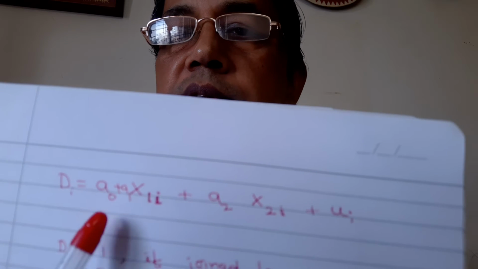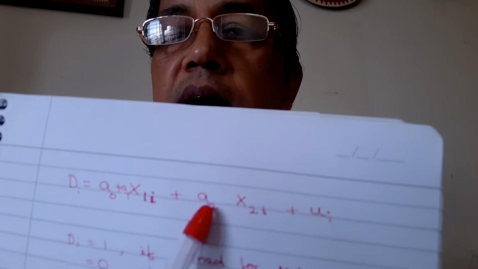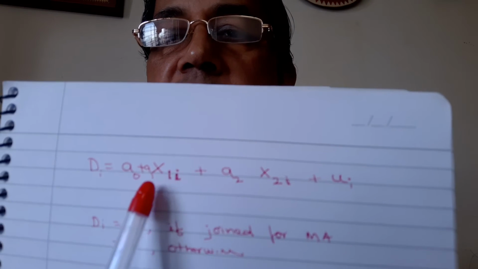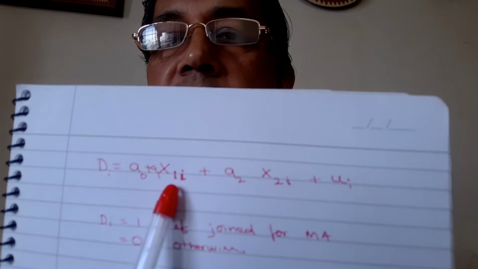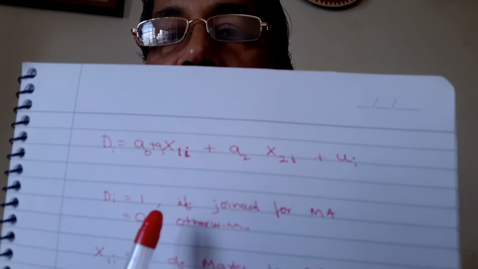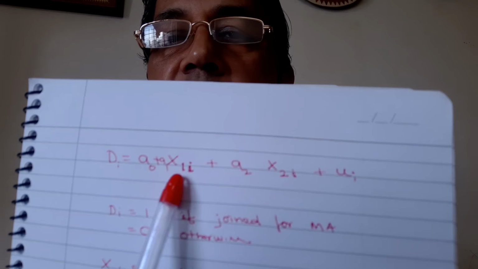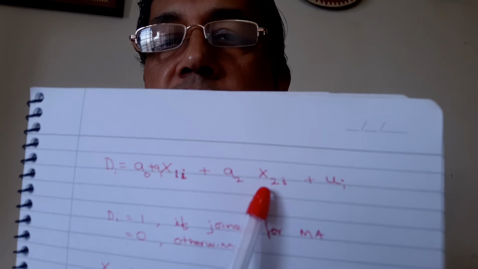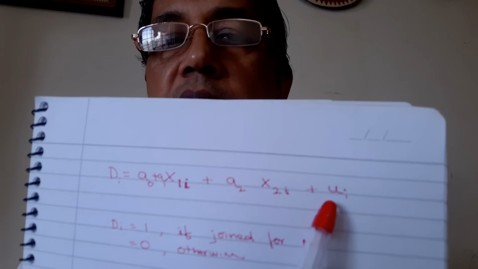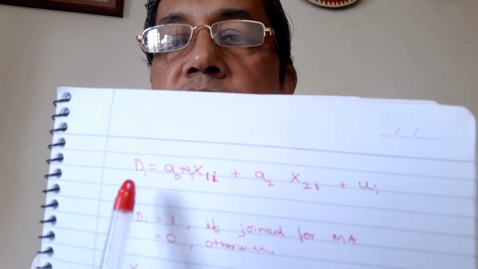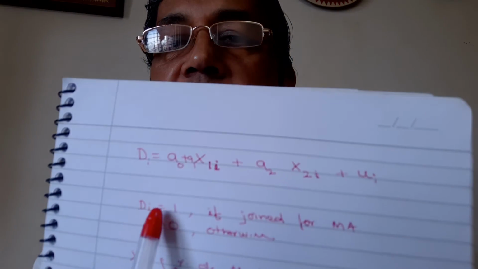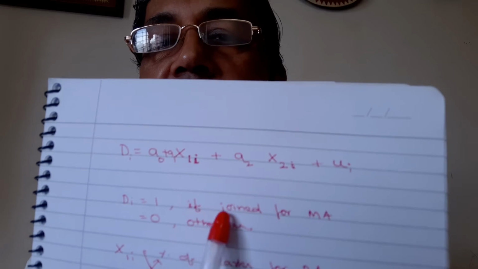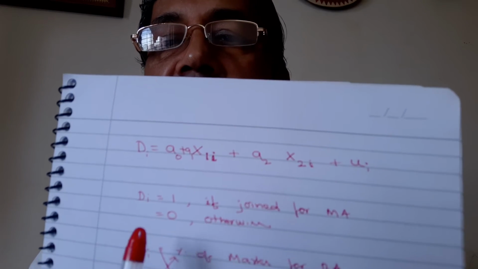So a0 is my intercept, a1 and a2 are my partial slope coefficients, x1i is the parents' income of the student, and x2i is his or her CGPA score at BA economics, ui is the stochastic error term. So di takes the value of 1 if the student has joined MA economics, it takes the value of 0 otherwise.